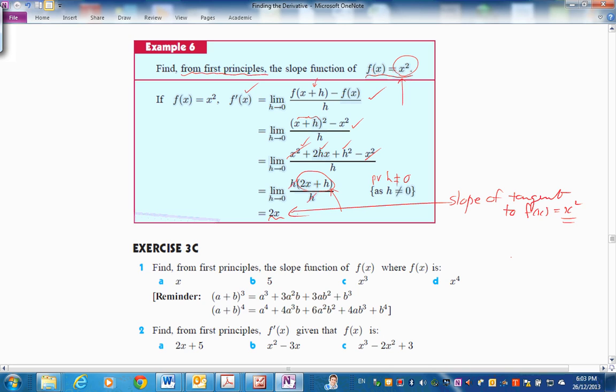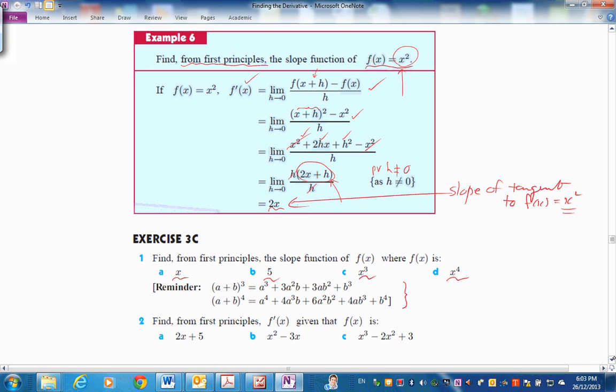So here are some hints here. In question 1, they want you to try and do this rule for these functions, and in the IB syllabus they say you have to use this first principles for simple polynomials. So we're only going to do simple polynomials. Remember, you might need to be able to expand powers of a binomial. Why?